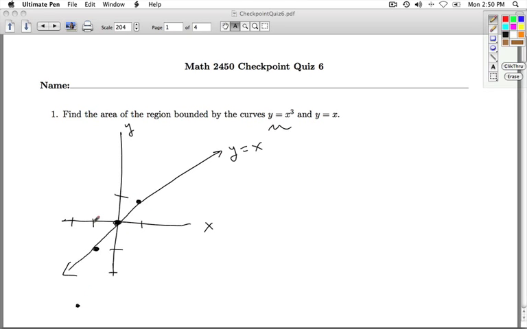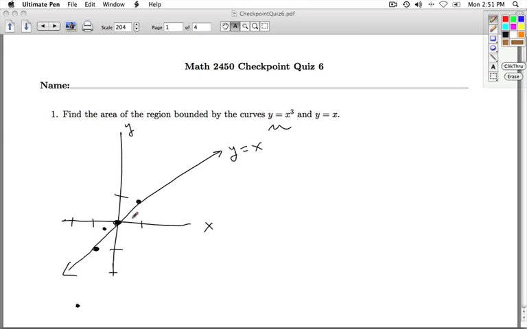If I plug in something between negative 1 and 0, for example, negative 1/2, negative 1/2 cubed is negative 1/8. If I plug in negative 1/2 to y equals x, I get negative 1/2. So this is closer to the x-axis than the line. I can plug in positive 1/2.